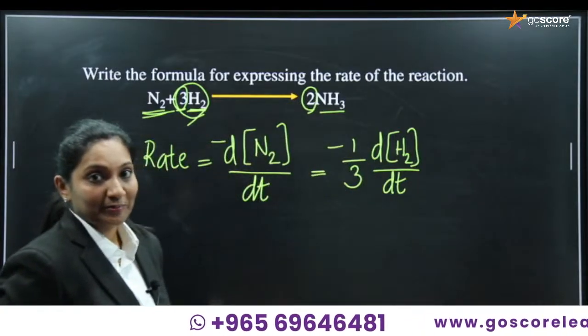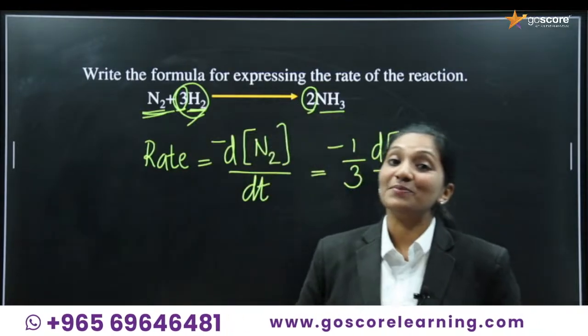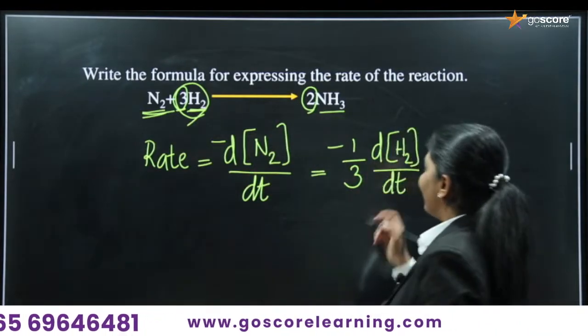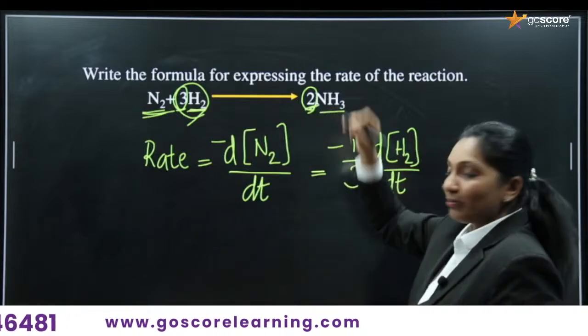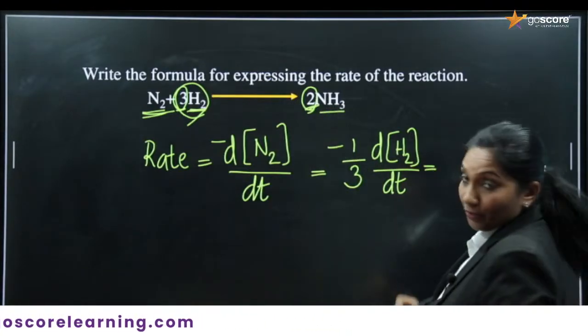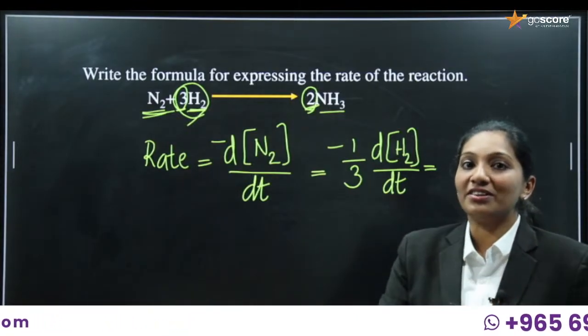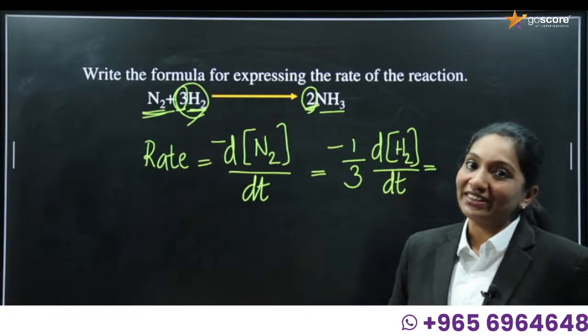You got it? Same way, how will we write the rate of the reaction in terms of product? For the product also there is a stoichiometric coefficient 2. So how will we write it? For the product, do we need to put a negative sign? No, right? Because the product concentration is increasing during the reaction.